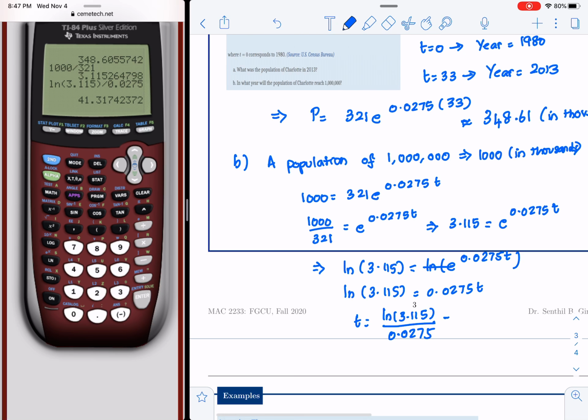And we get 41.32. If I round up to the next year, I could say 42, or if I round to the nearest integer, I'm going to round it to 41, and 41 is 8 years from 2013, so the year would be 2021, when the population is 1 million.